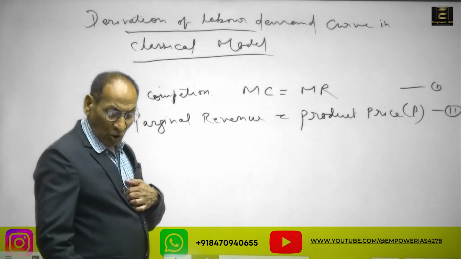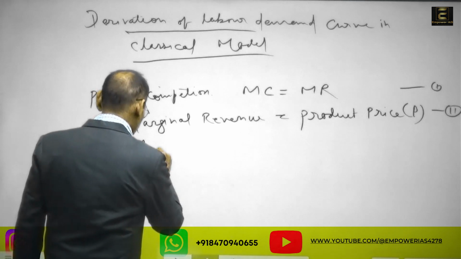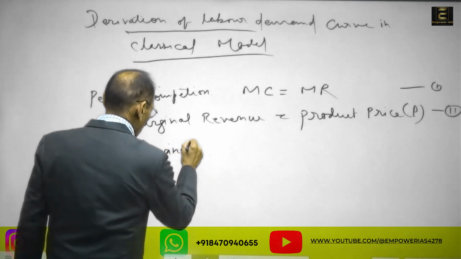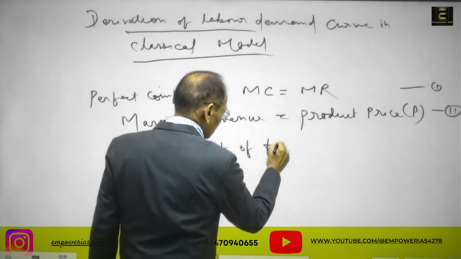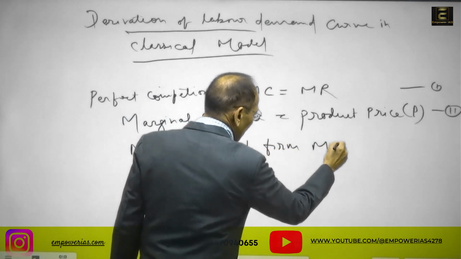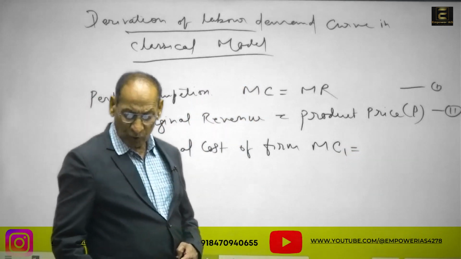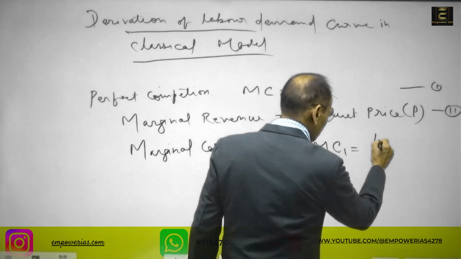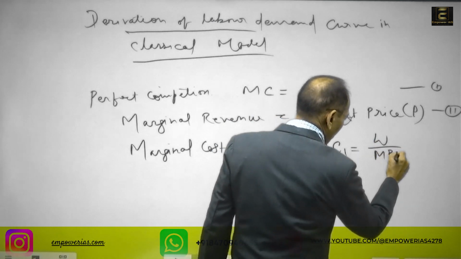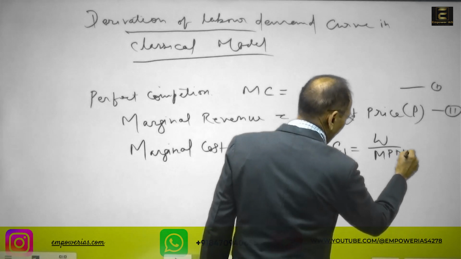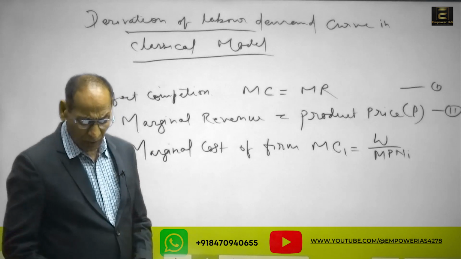Then the marginal cost of the firm, MCi, is equal to W by MPNi, the marginal product of labor. Okay.